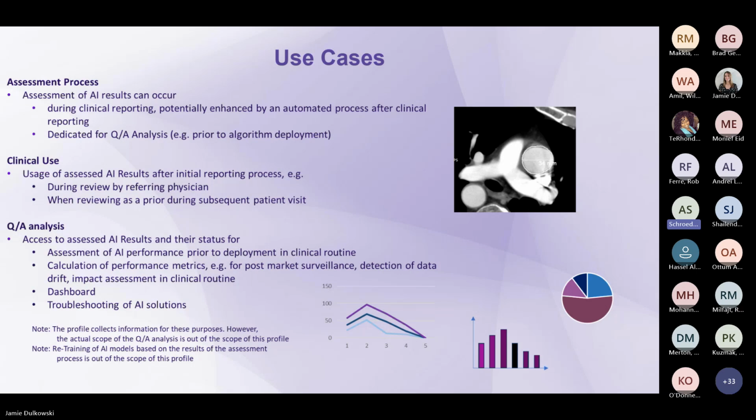So we can calculate performance metrics from the information derived. One could use the information to just create some dashboards, and one could also envision using the information for troubleshooting of AI solutions, although not all these use cases may have all the information that is needed. We defined, or there may be other sources necessary, for example, to do a troubleshooting of an AI solution. Next slide, please.